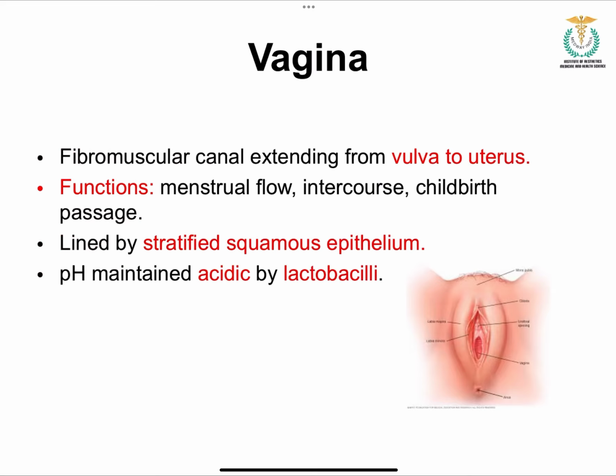Talking about the vagina, it is a fibromuscular canal extending from the vulva to the uterus, and the main functions are menstrual flow, intercourse, and the childbirth passage. It is lined by stratified squamous epithelium, and as I've mentioned, it is acidic, and the pH is maintained acidic by the lactobacilli. So this is what the vagina means.